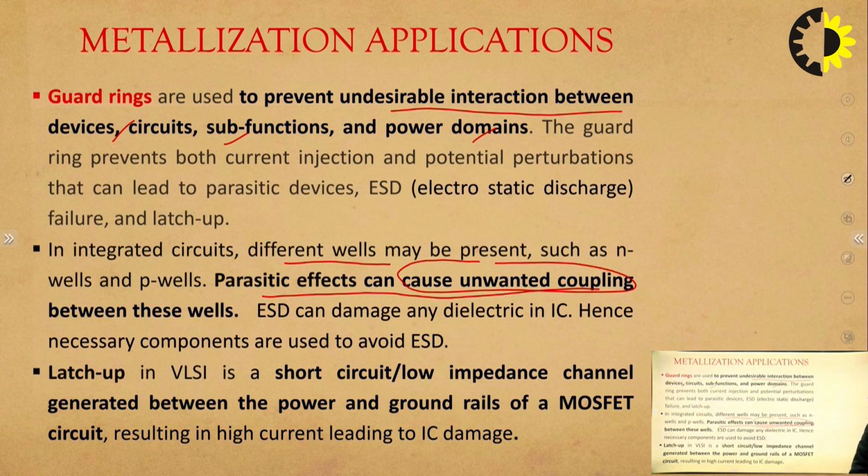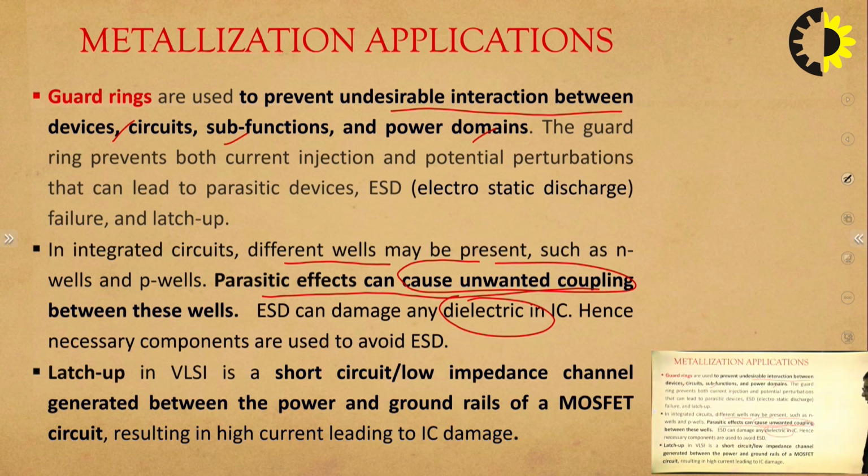And this unwanted coupling creates parasitic effects, parasitic capacitances, which is undesirable. Similarly, electrostatic discharge can damage the dielectric in IC. So electrostatic discharge should be limited or avoided. And all this work can be done using guard rings.